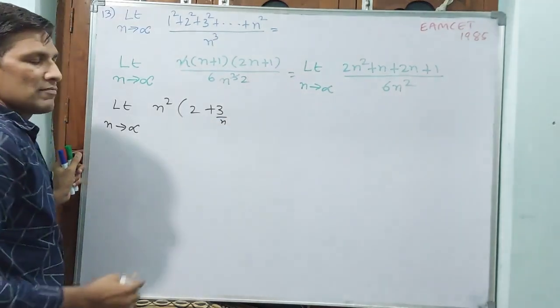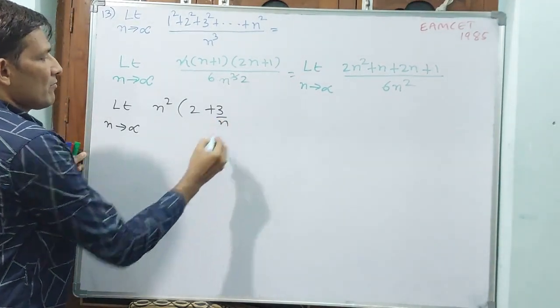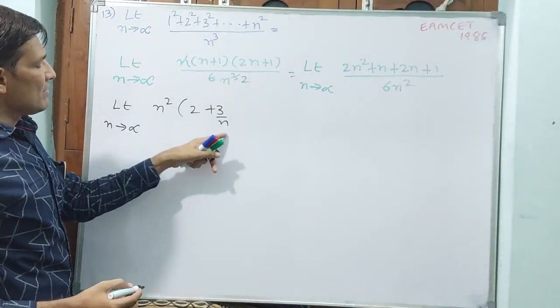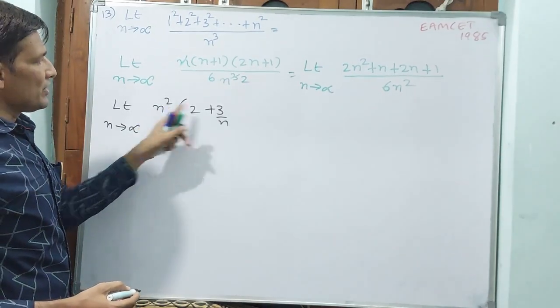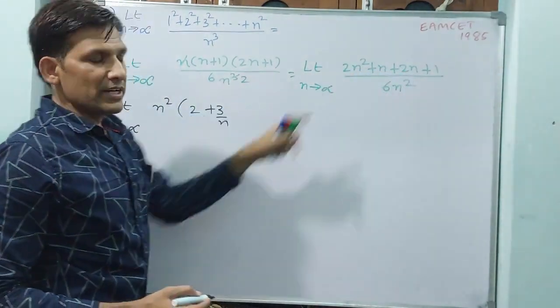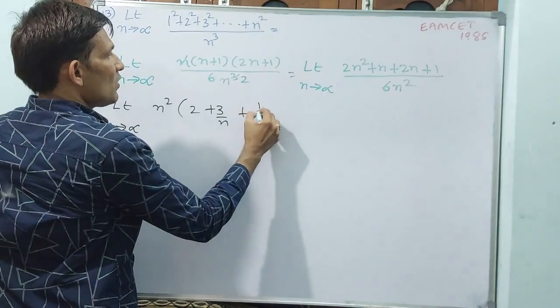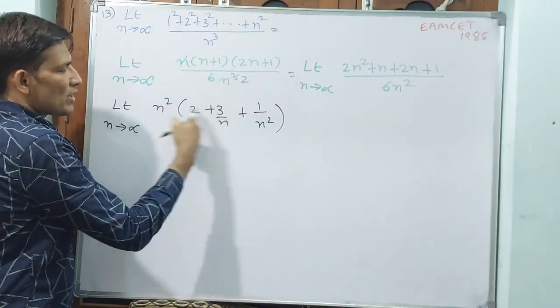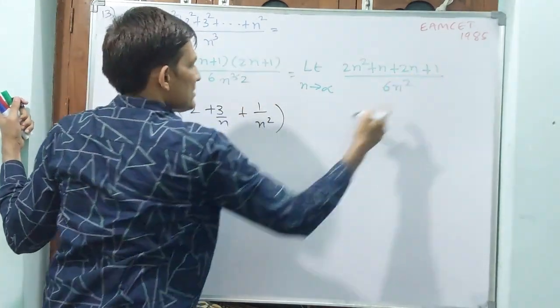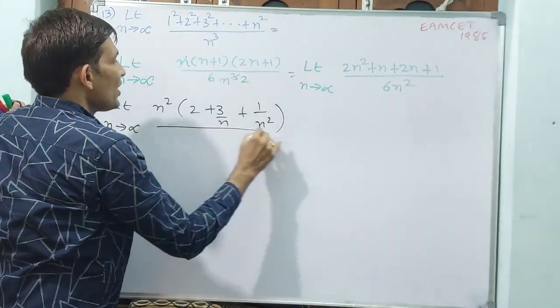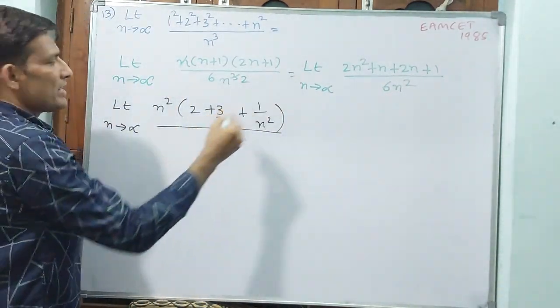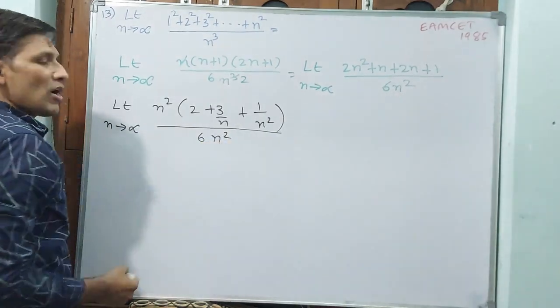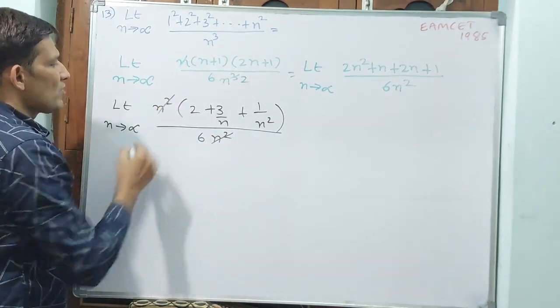Sending n square inside, n cancels out 3n, and plus 1 by n square, because n square gets cancelled and 1 will be there. Divided by 6, there is no need to take any common because already common is there. You cancel out n square.